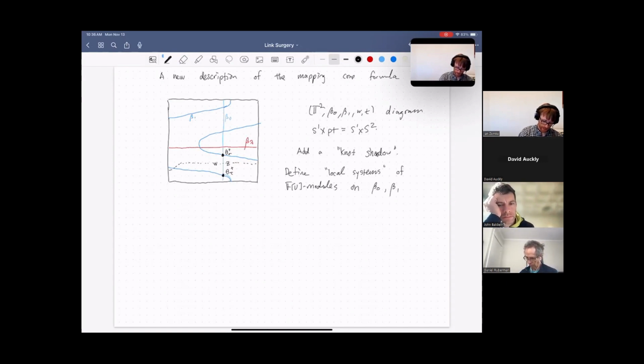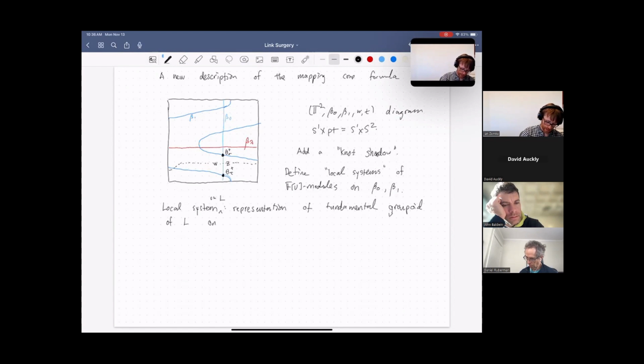A local system abstractly is a representation of the fundamental groupoid on some space. A local system on a Lagrangian L is a representation of the fundamental groupoid of L on some space. I'm going to call it E.